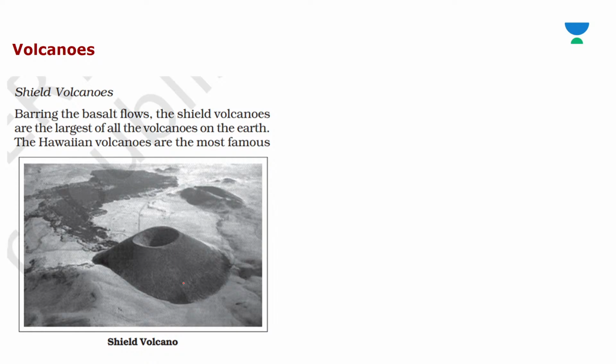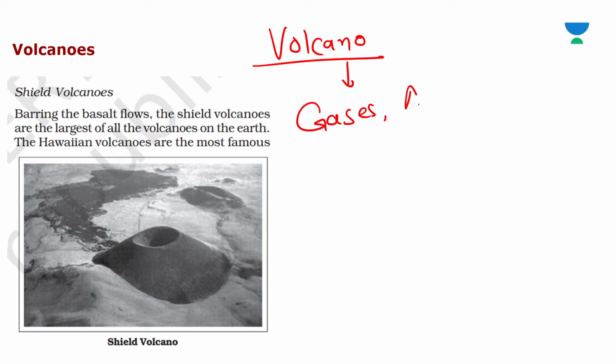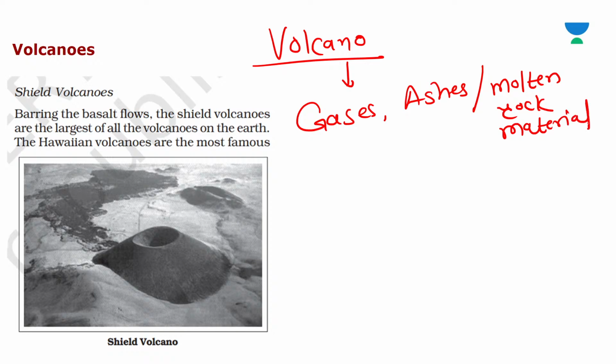A volcano is a place where gases, ashes, and or molten rock material, that is lava, escape to the ground.